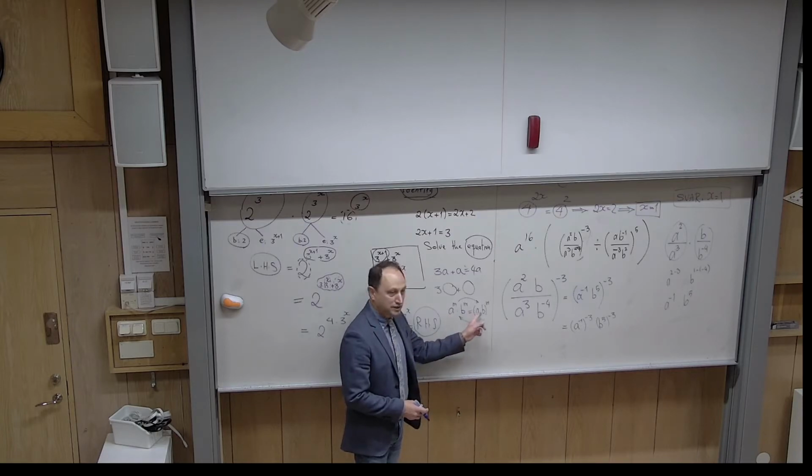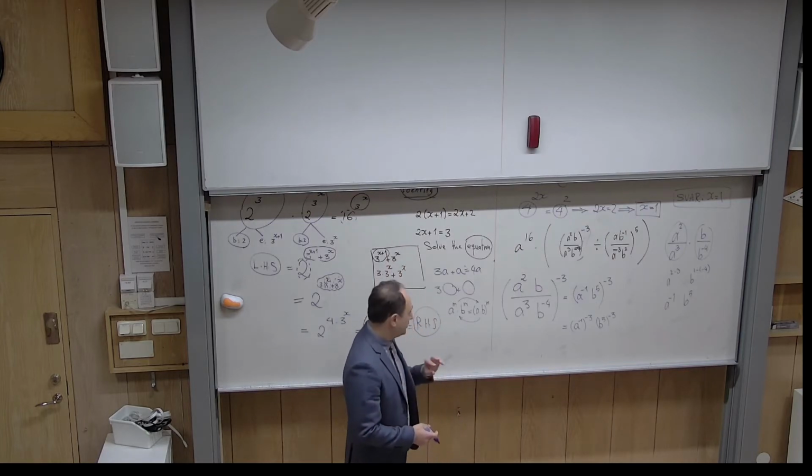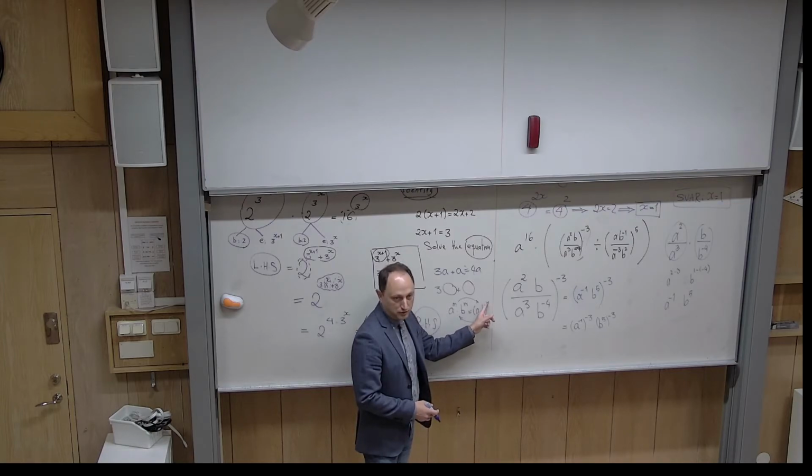You're just reading the formula. What does it tell in English? When I read it from left to right, how do I read it? To multiply two powers with the same exponent, multiply the bases and put the same exponent. This is one way of reading from left to right.